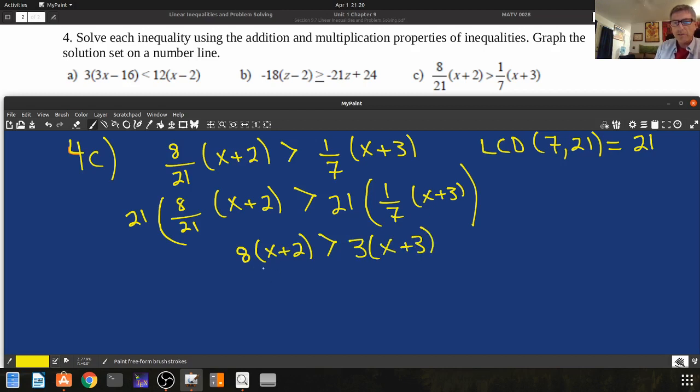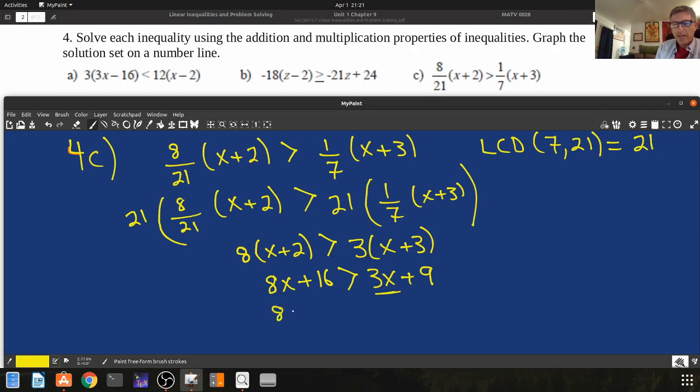So now we use distribution. 8 times x is 8x, plus 8 times 2, which is 16, is greater than 3 times x, which is 3x, plus 3 times 3, which is 9. So again, I'm going to look at the variable terms, and I'm going to move the smaller of the two in absolute value over.